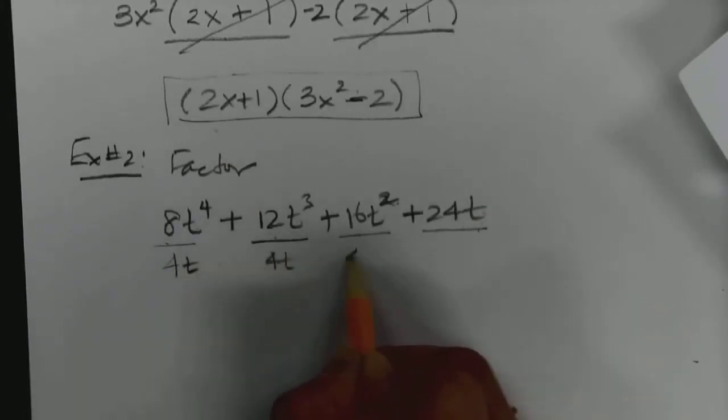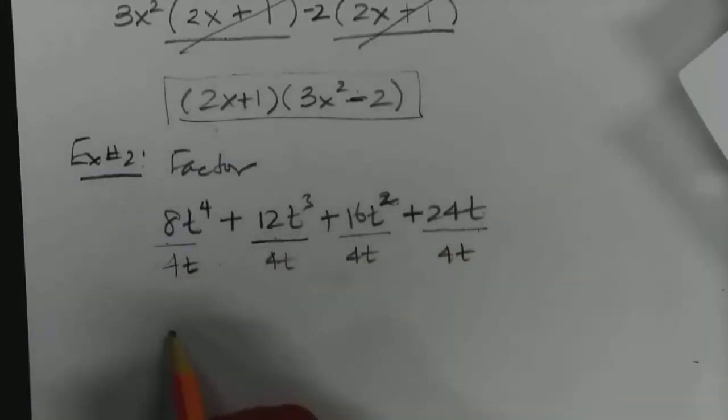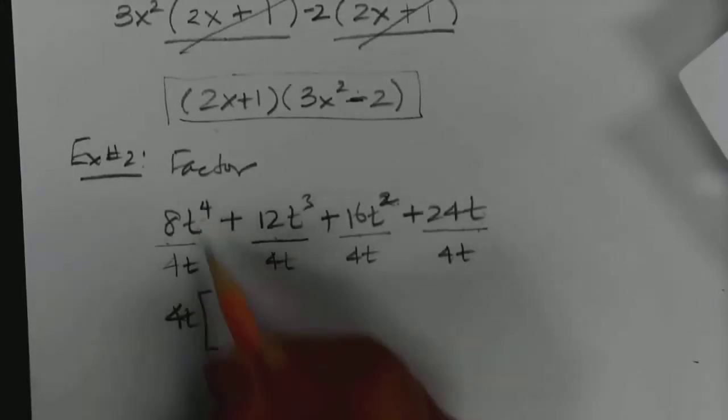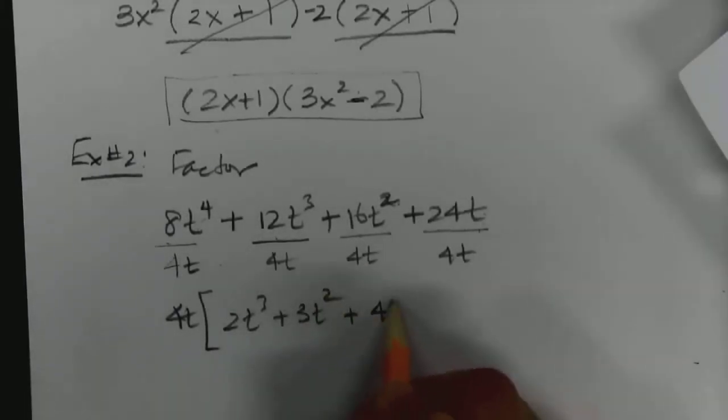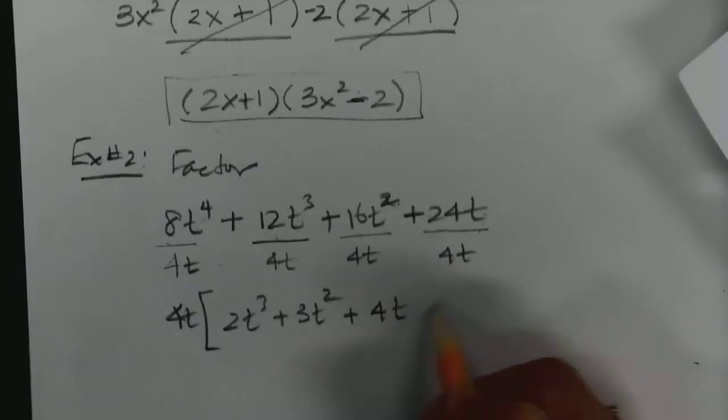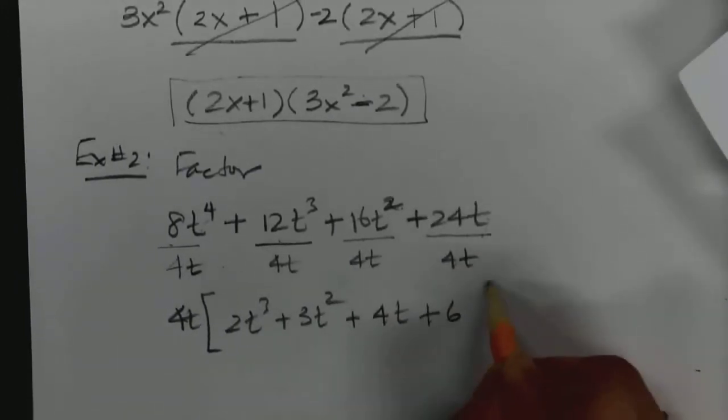So everybody can factor out a 4t. And then I got 2t to the 3rd plus 3t squared plus 4t, and then plus 6.